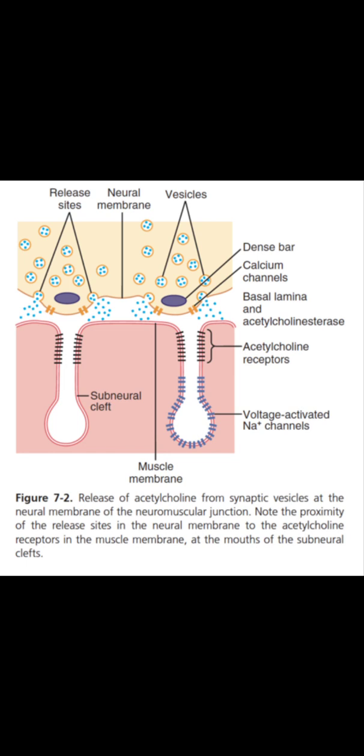When depolarization occurs, this action potential moves through the T tubules to the sarcoplasmic reticulum. When the T tubules transmit the action potential to the sarcoplasmic reticulum, it releases calcium ions to the sarcoplasm.